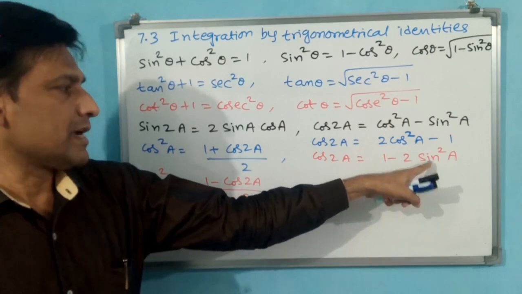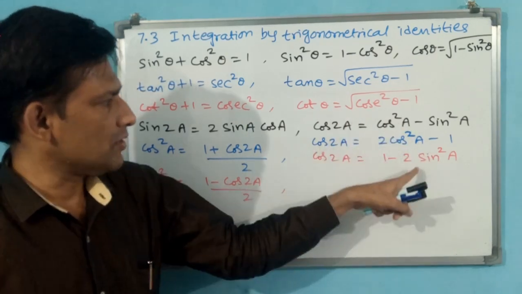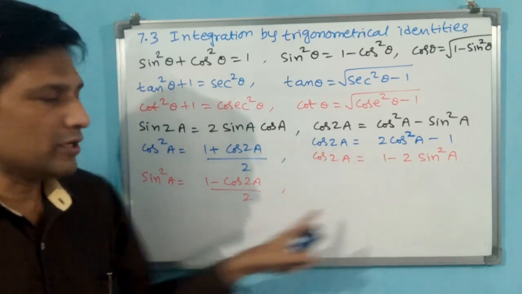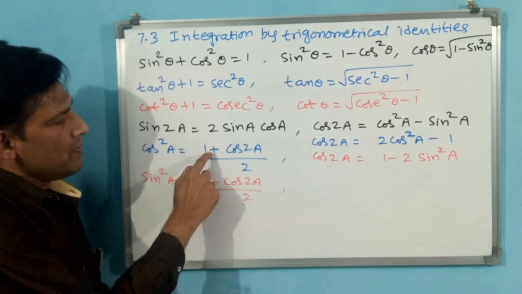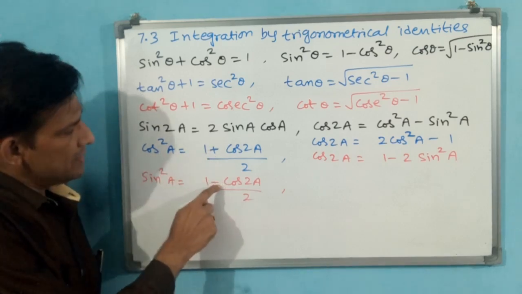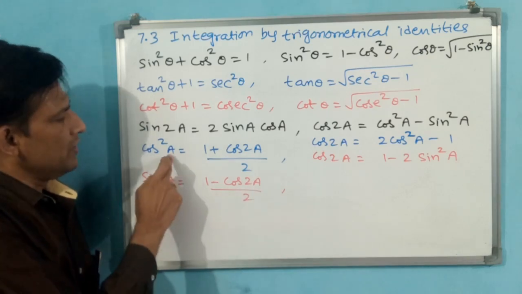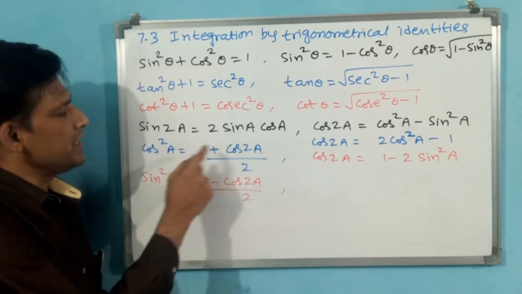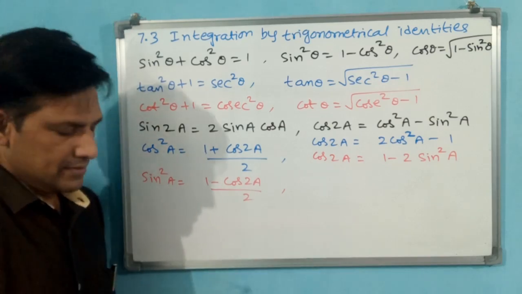See, this sin square, if it comes here, plus becomes minus, and 1 minus cos 2a divided by 2, where the 2 comes in the denominator. The logic is here: plus comes cos square, minus comes sin square, 2a comes a; if here is 2a, here is 4a, here is a, here is a by 2. This is the logic.